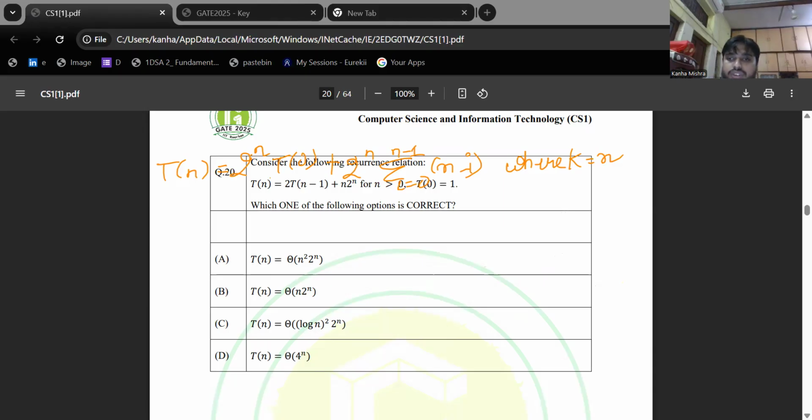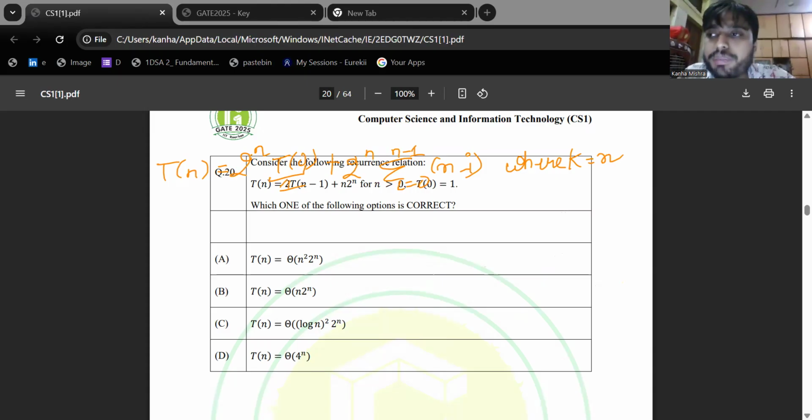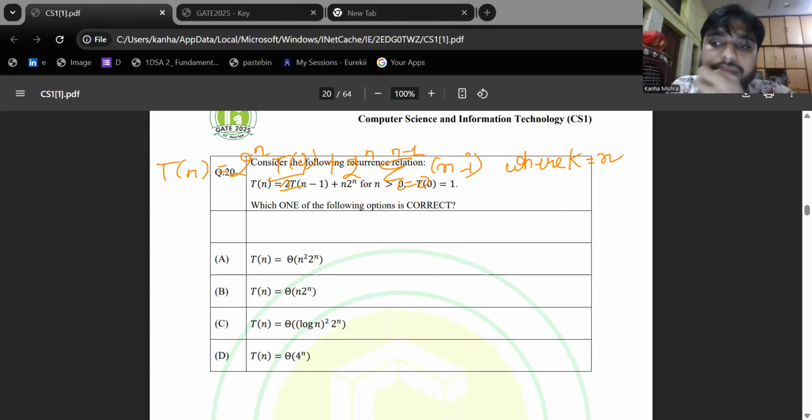We can replace T(0) with 1 as per the question. When you replace this value with 1, let's try to simplify this a bit. The summation of i from 0 to n-1 of (n-i).